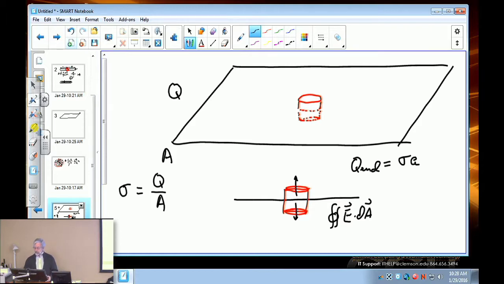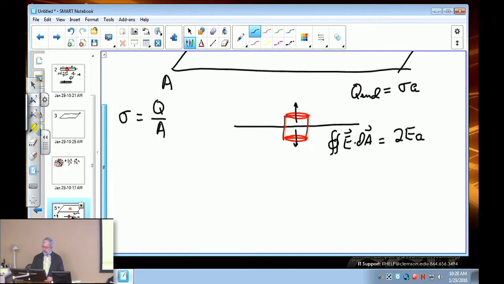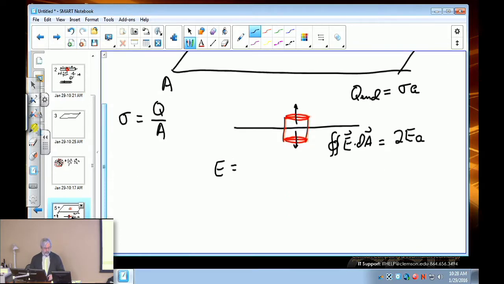You have 2 end caps, 2EA, and so that tells you that the electric field pointing straight out is 2 pi sigma.